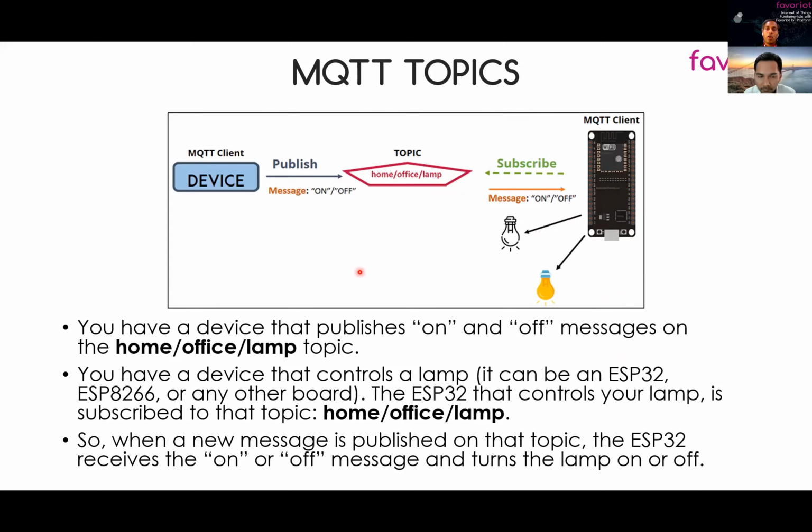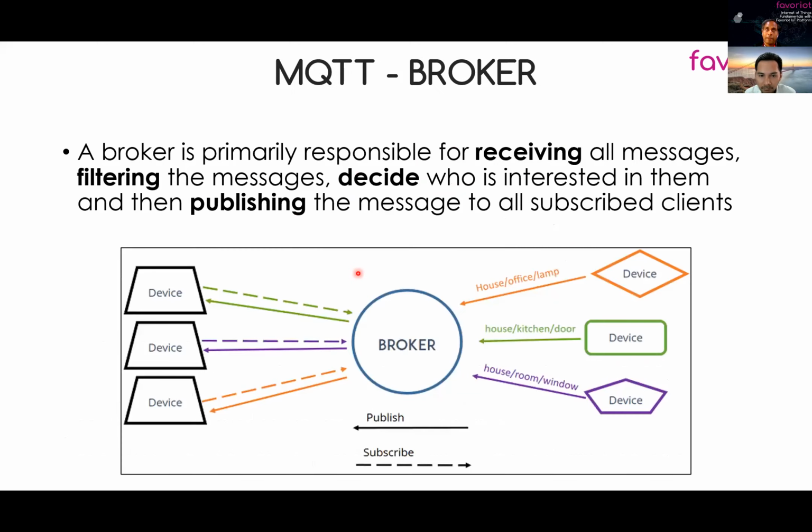Right? There are multiple connectivity, multiple publishers, multiple subscribers. Now, this is the role of the message broker. Now, a message broker is actually a different program that sits within the platform. So, for example, in the Favoriot platform, we also have a broker that looks after MQTT type of communication.